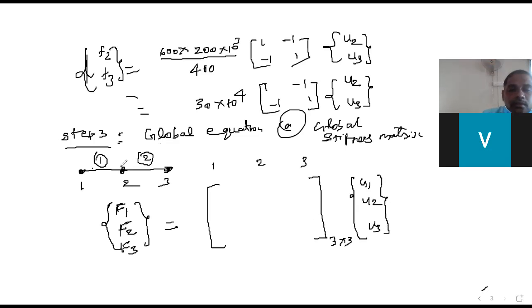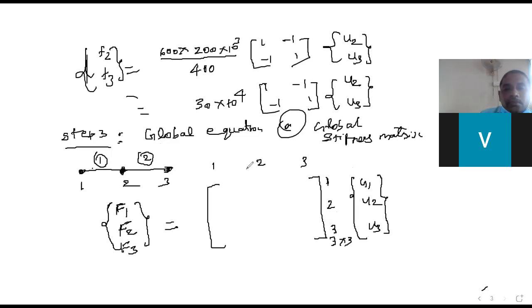Otherwise, simply we can say that at node number 2, both the elements 1 and 2 are sharing the common node, node number 2. So at node number 2, you can put 1, 2, 3 like this.